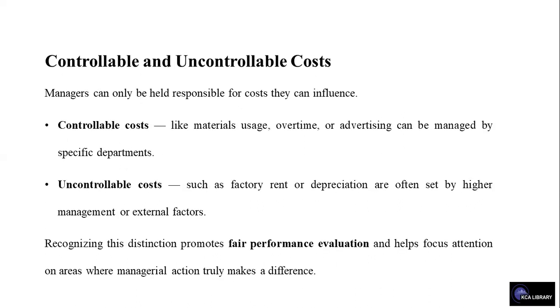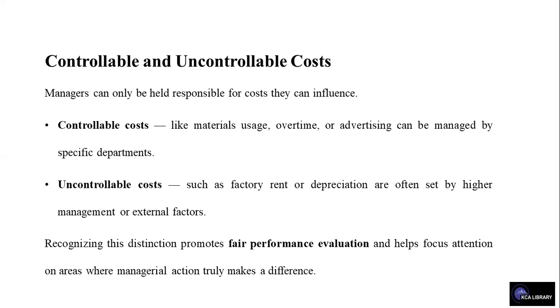Looking at the controllable and uncontrollable cost. Managers can only be held responsible for costs they can influence. The controllable costs are costs like material usage, overtime, or advertising, which can be managed by specific departments.